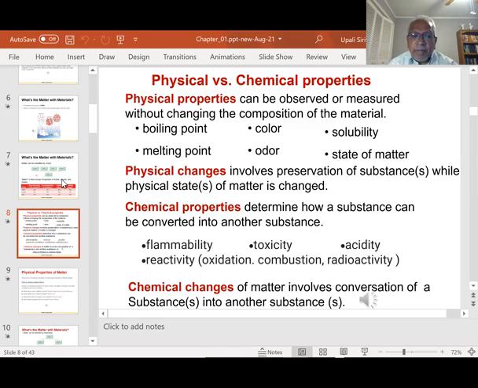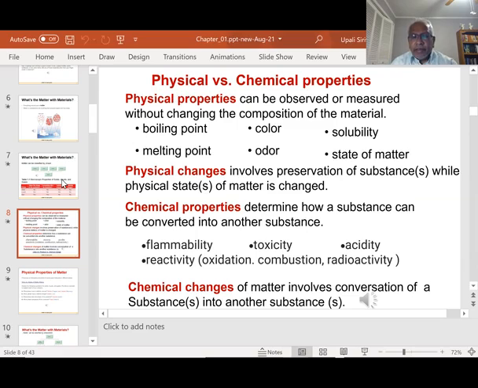On the other hand, chemical properties are like flammability. They talk about chemical reactions between matter and other substances. Flammability is how matter reacts with oxygen. It describes a chemical reaction.